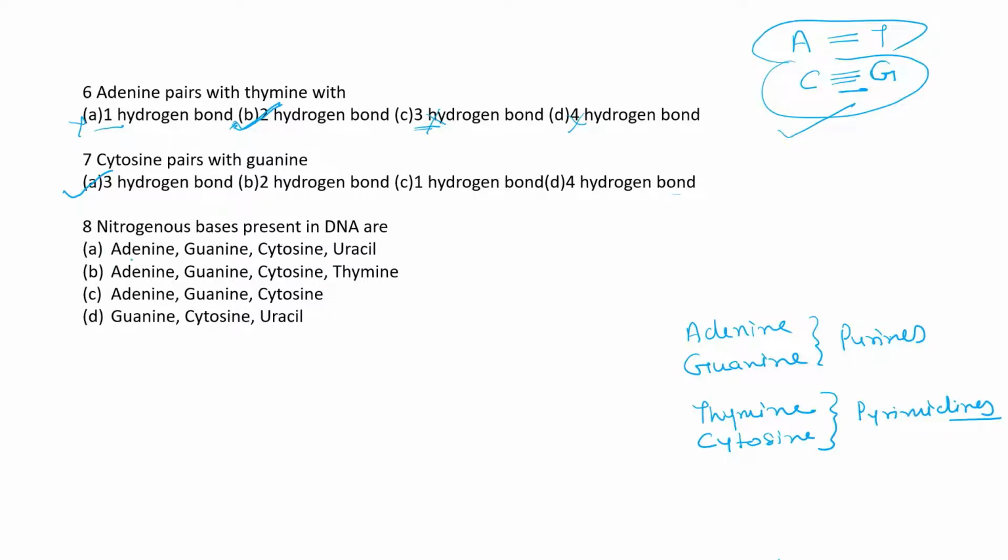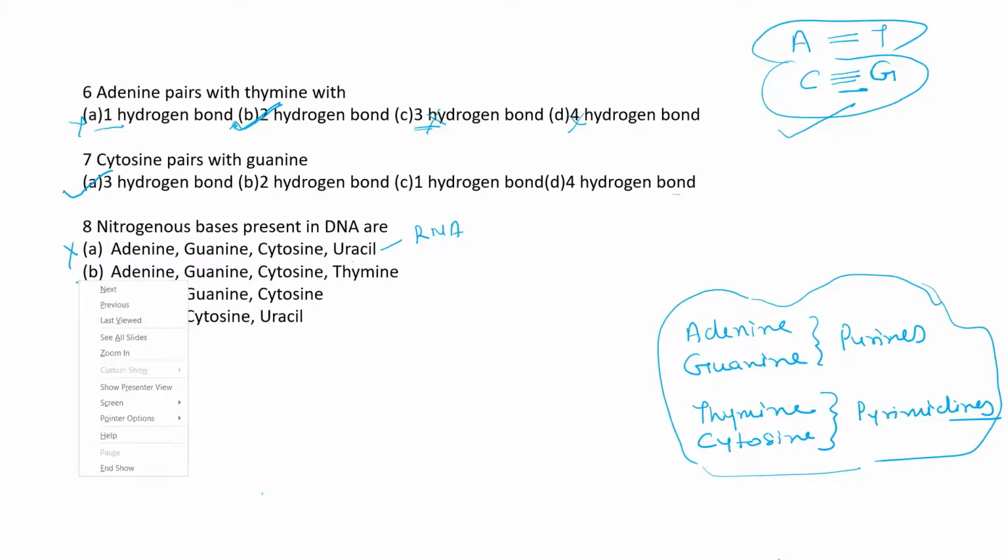The first says adenine, guanine, cytosine, and uracil. Uracil is present only in RNA, so this option will be incorrect. The second option, adenine, guanine, cytosine, and thymine, all four nitrogenous bases which are present in the DNA are here in the second option.